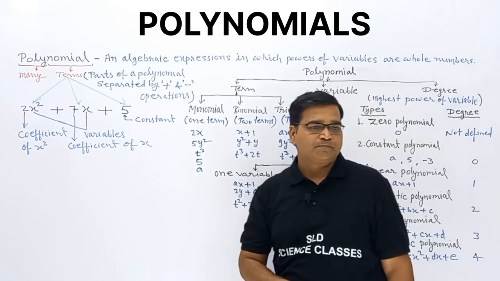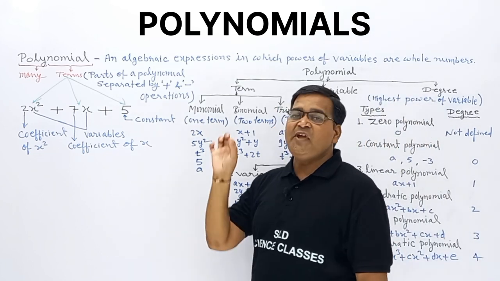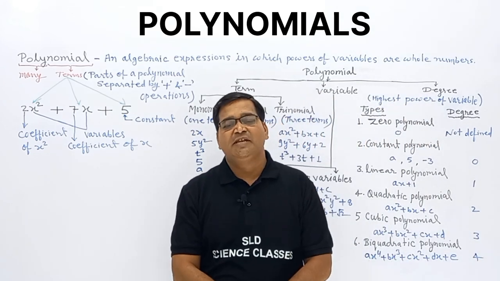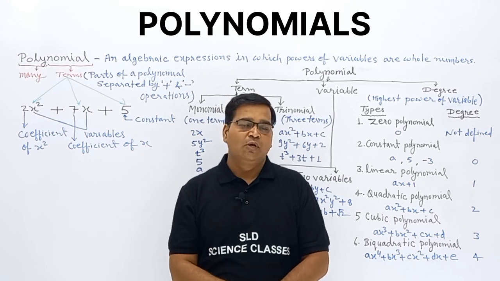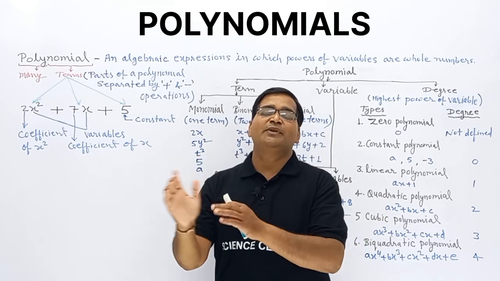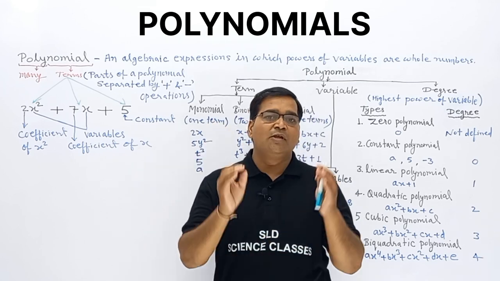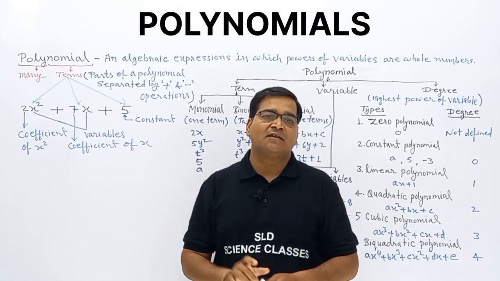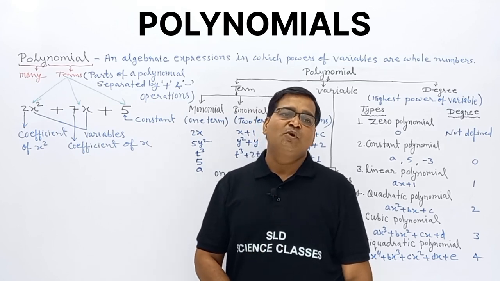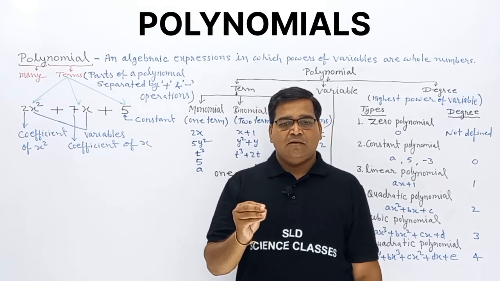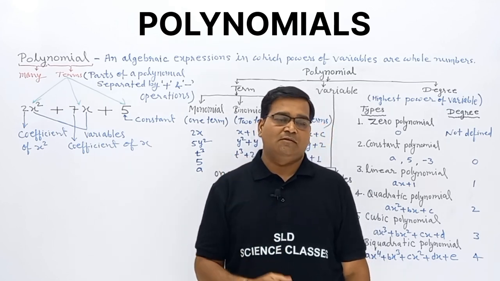Now first we will discuss variables. Two things we should know: one is the variable, another one is the constant. Polynomials are algebraic expressions, and in algebraic expressions we have some terms.